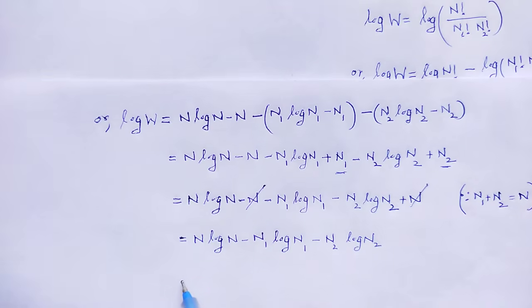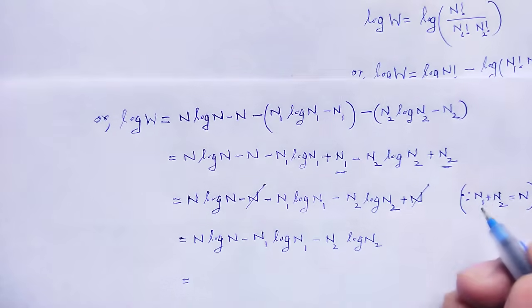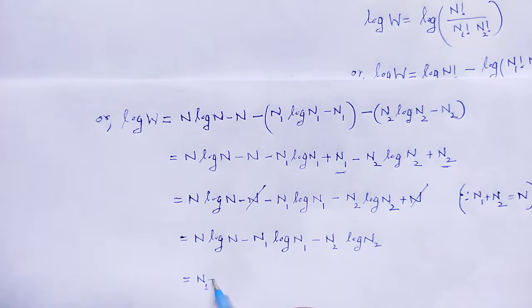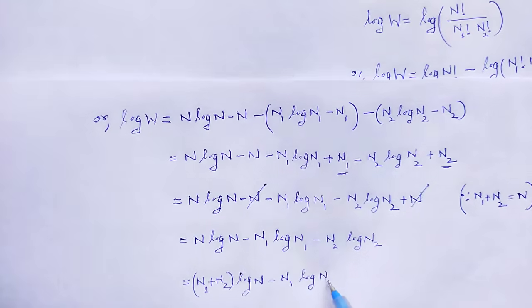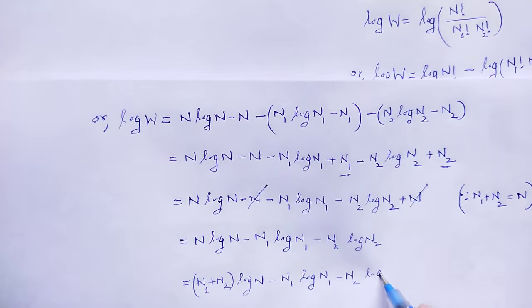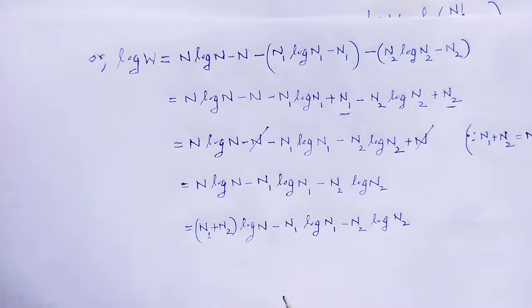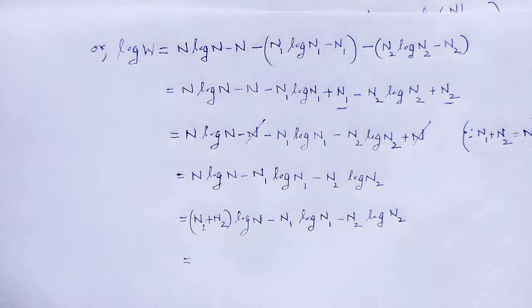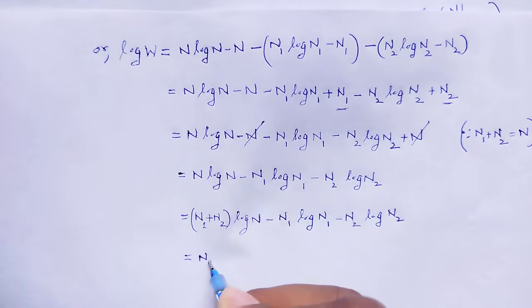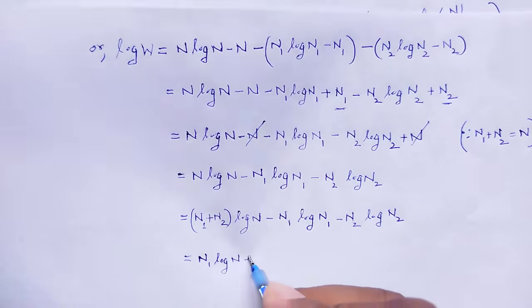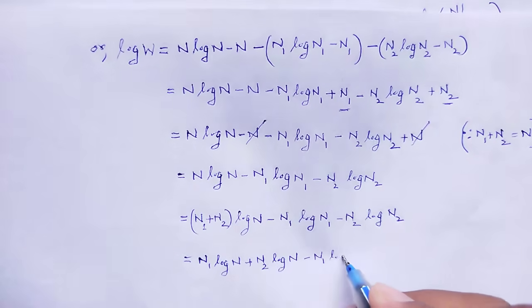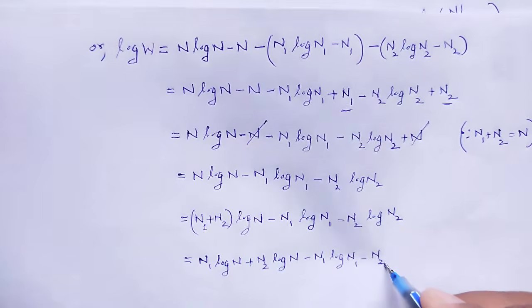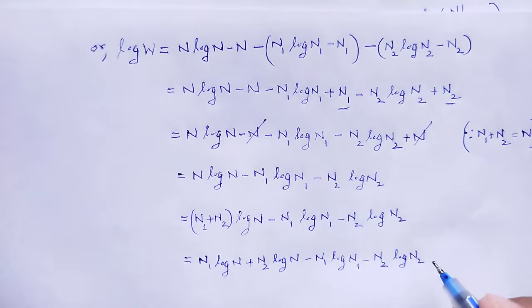In place of N, we can write N1 plus N2. It is N1 plus N2 times log N, minus N1 log N1 minus N2 log N2, is equal to, expanding that bracket, N1 log N plus N2 log N minus N1 log N1 minus N2 log N2.